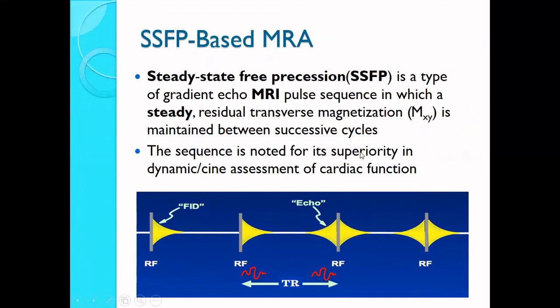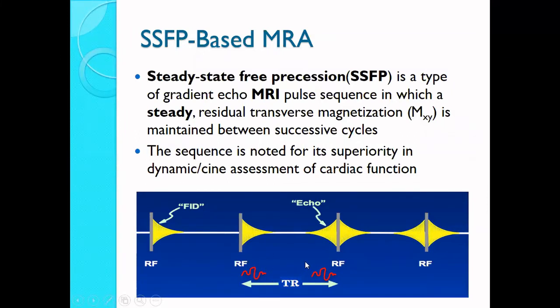And then why it's very important, because it can give us a superior assessment of the cardiac or other angiographic arterial system. You can study with this. So if you can achieve this particular signal out of here, the signal can be from the FID as well as from this echo, but they are not fused together.